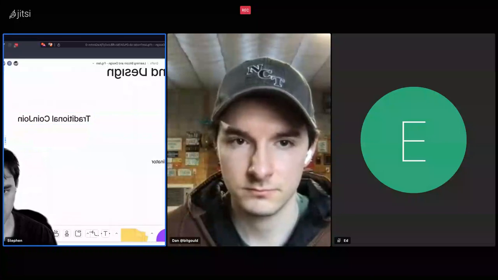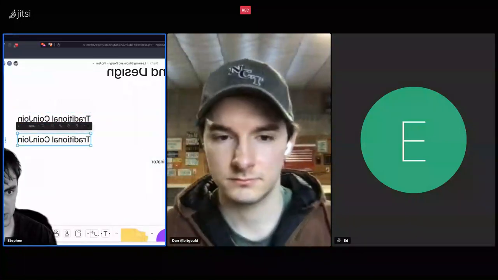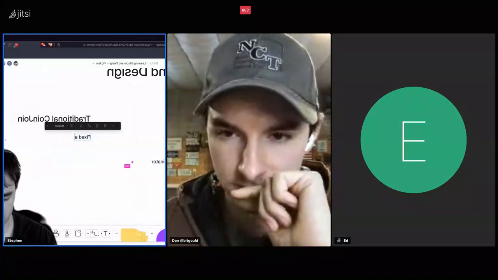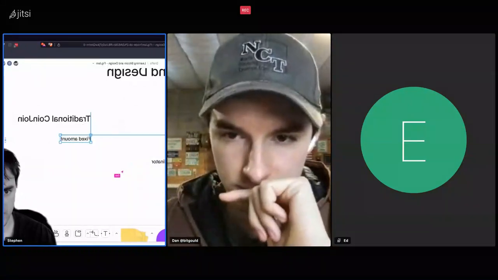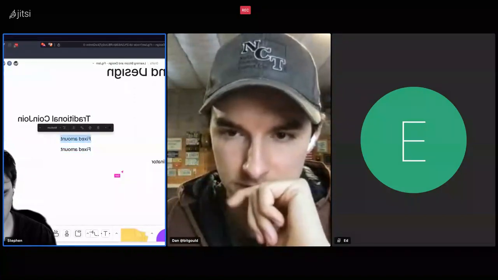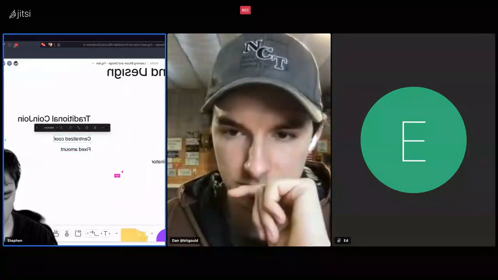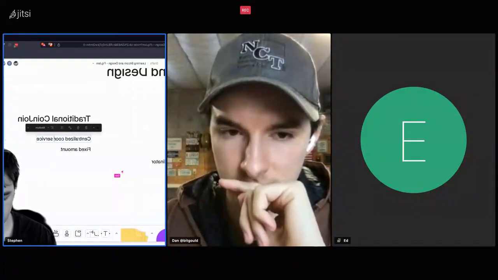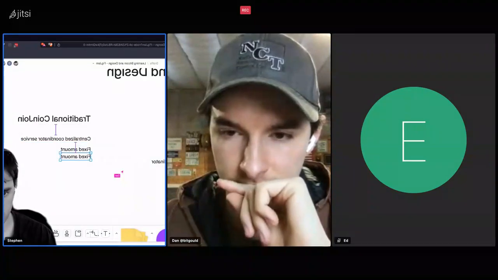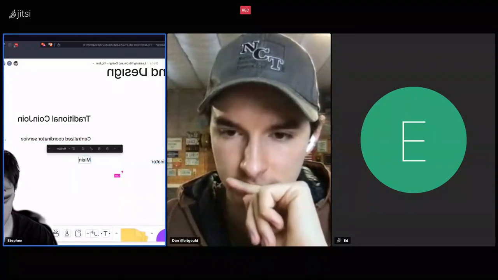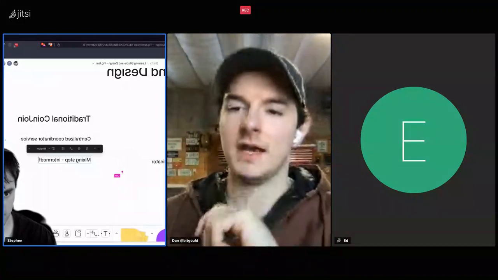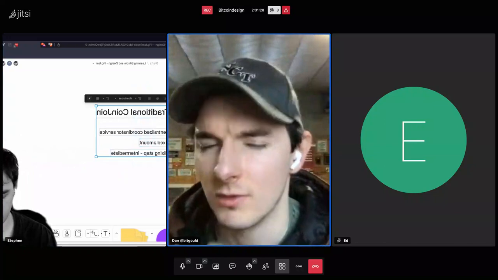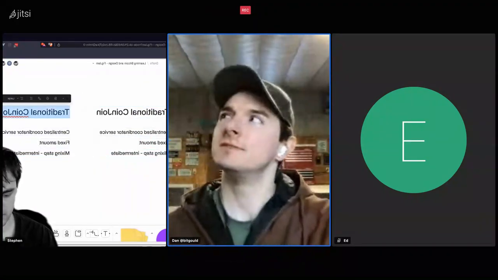With a traditional CoinJoin, you're going to have a fixed amount, and then you're also going to have it go through a centralized coordinator service, and then it's sort of a mixing step. It's not a direct transfer. There's got to be a way to say that eloquently.